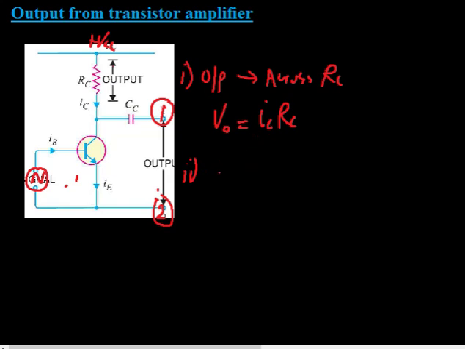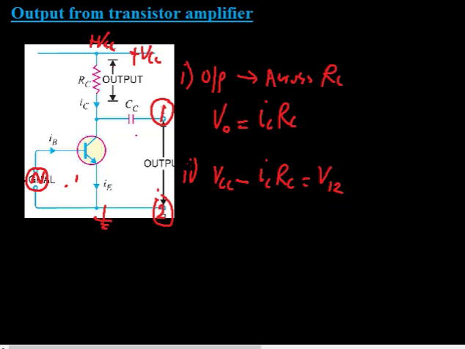For that, let's consider the voltage equation for this terminal, that is this plus VCC, and here it is usually grounded. So you can have VCC minus ICRC equal to the voltage across the terminals 1 and 2. I am representing the voltage across the terminals 1 and 2 by V12.